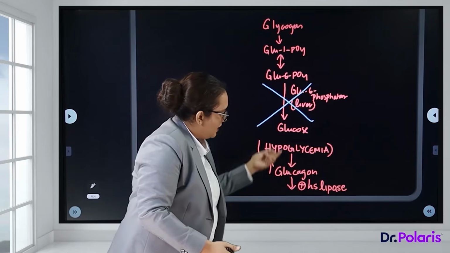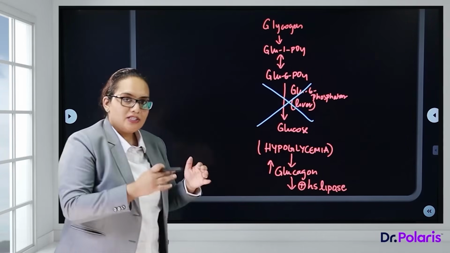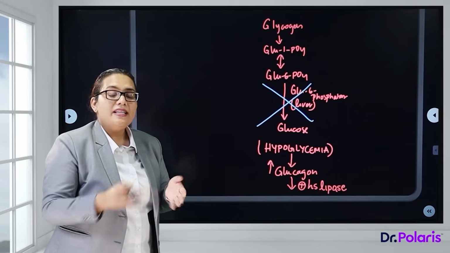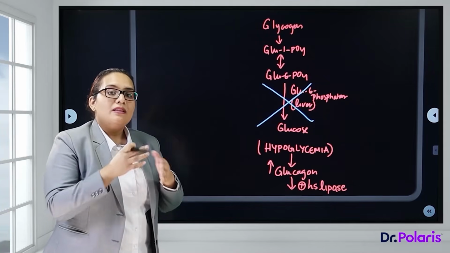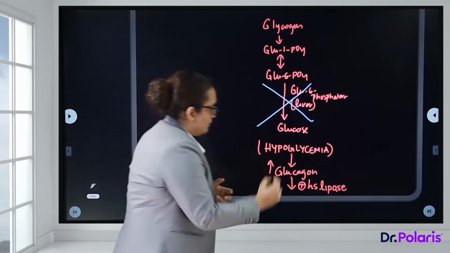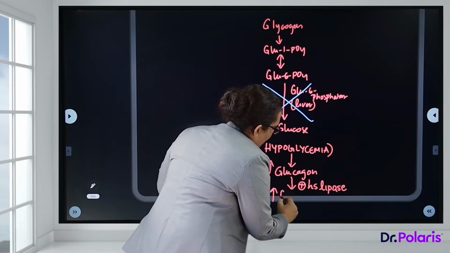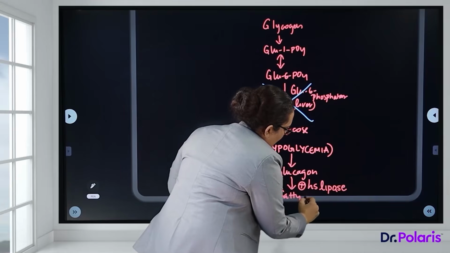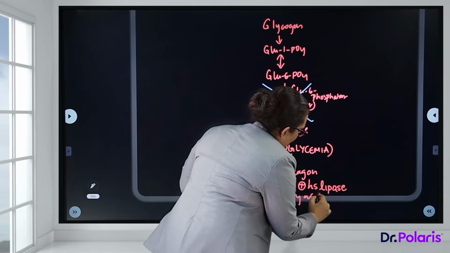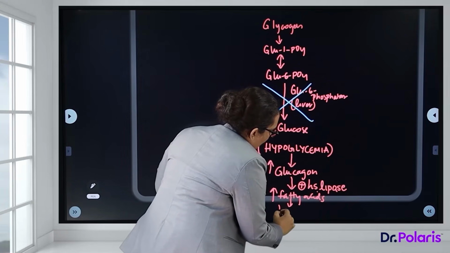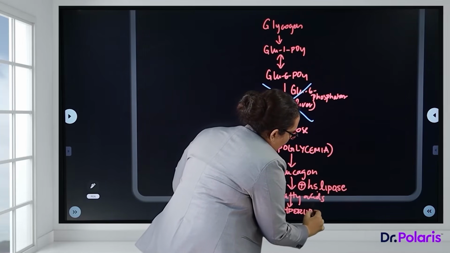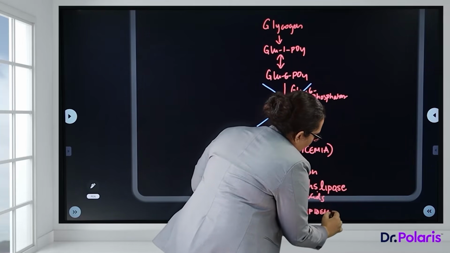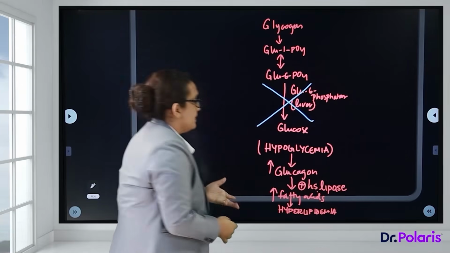So because of the increased activity of glucagon, it stimulates hormone-sensitive lipase, that is lipolysis, fat breakdown occurring within the adipose tissue. The fatty acids are released into the bloodstream, leading to hyperlipidemia. So this is one aspect.